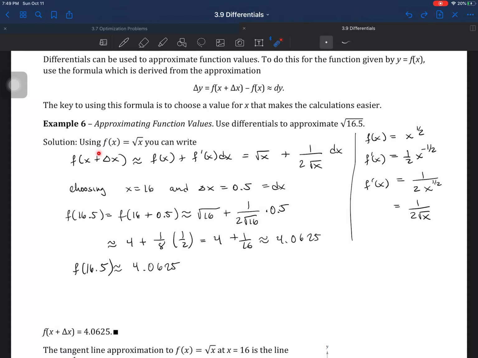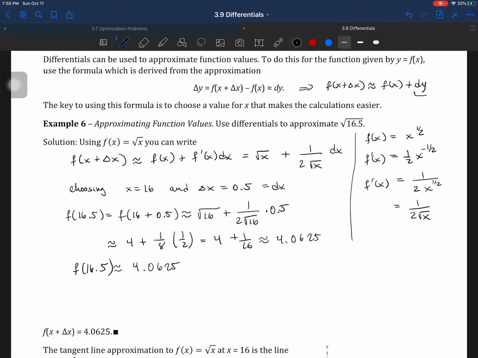So here's our function f, and if you remember from the tangent line, the approximation of this was f of x plus f prime of x dx. Or you can just see it from here: if you add this on both sides of the equation, that's sort of what we have.